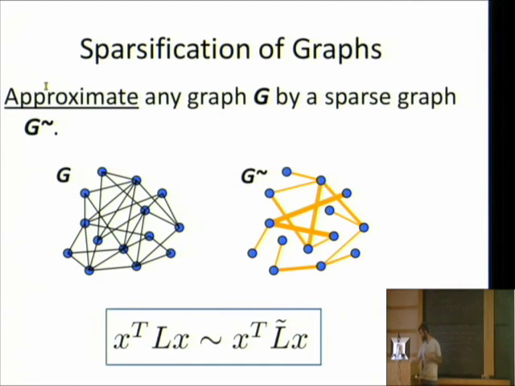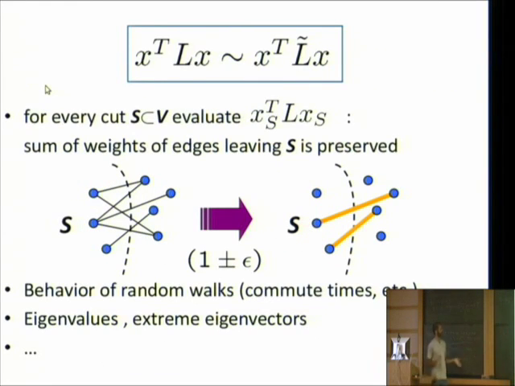Now, why do I care about the quadratic form? Well, it encodes a lot of important combinatorial and spectral information about the graph. In particular, if I evaluate the quadratic form on the characteristic vector of a subset of the vertices S, so if I pick a subset of the vertices of my graph and look at x_S transpose L x_S, I simply get the total weight of edges crossing the cut S. So in particular, if I preserve this quadratic form, I preserve the weights of all cuts in G. Okay, so I have a sparse graph which has essentially the same weights of cuts.